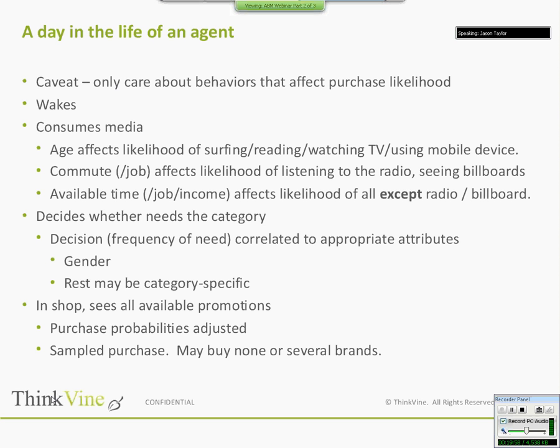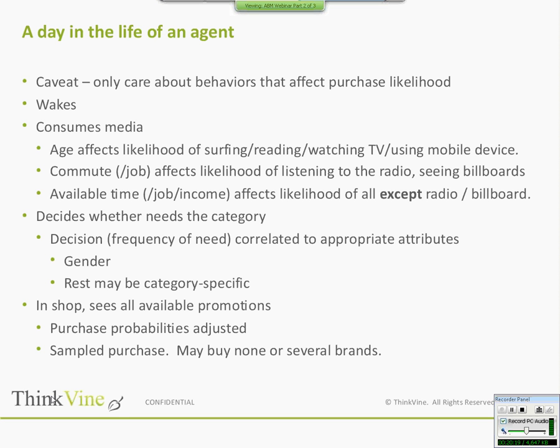Then they decide whether they need the category in that particular week. That's based on their frequency that's correlated to the appropriate things. So gender might be a factor in how often they need the category and other things. Once they decide they need the category, they have to go shop. They have to pick a channel.